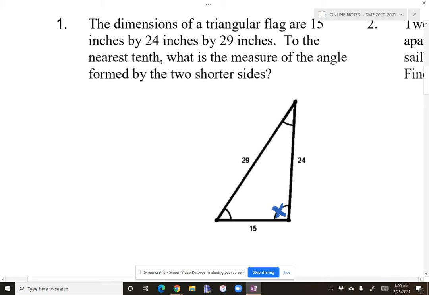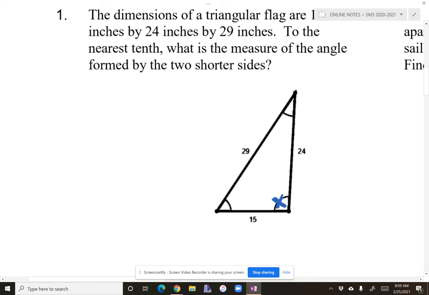And then what I need to do now, one, I'm going to remember that I'm solving for an angle, so I know I'm going to have to use the inverse button at some point in time, but I'm going to label my triangle. It doesn't really matter, but I'm going to label this A, B, and C. So if those are the angles, then the sides are the opposite lowercase letter.